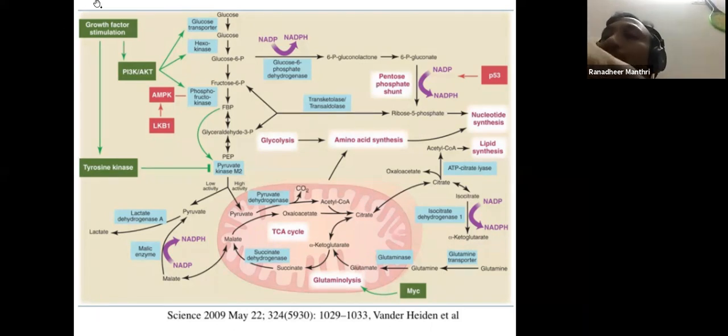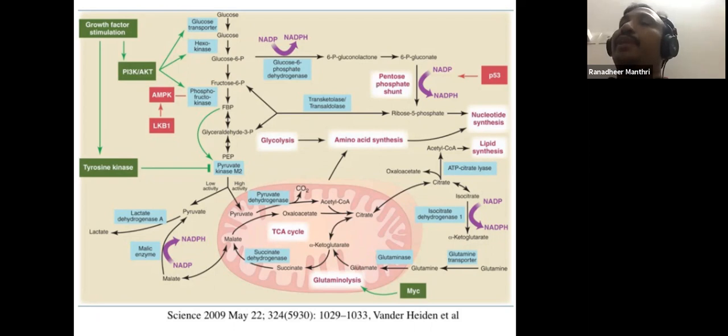And P53: glucose 6-phosphate is converted to 6-phosphogluconate, and 6-phosphogluconate is converted to ribose 5-phosphate. P53 is a tumor suppressor gene. P53 blocks NADP to NADPH conversion, indirectly blocking the pentose phosphate shunt pathway. That's why ribose 5-phosphate is not produced, so there is no cell division, because ribose 5-phosphate is crucial for nucleotide synthesis.